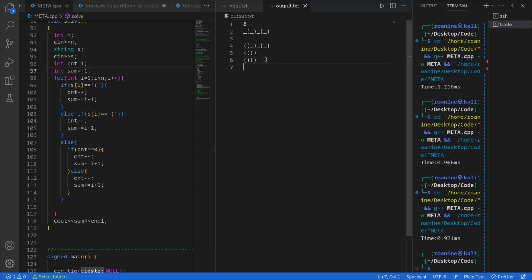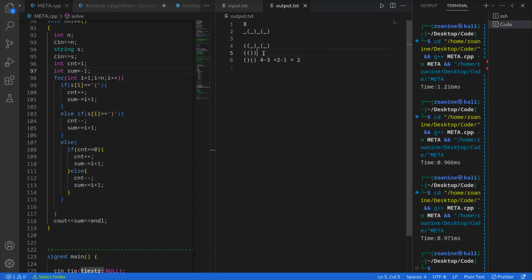Why? Because with positions 1, 2, 3, 4, it is 4 minus 3 plus 2 minus 1, so it is going to be 2.